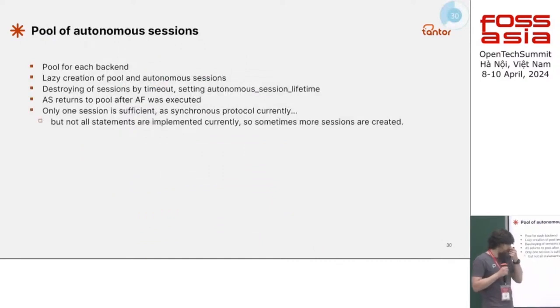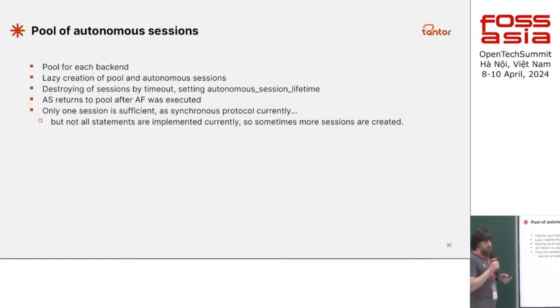So we have a pool, which is created lazily for each backend. We have destroying of sessions by timeout. We needed to clear memory because caches occupy it. And no, this is not beautiful, but it's a simple solution at the current time.